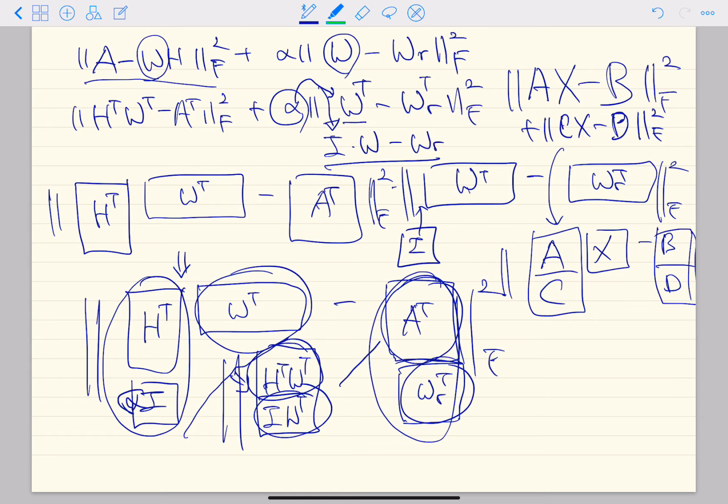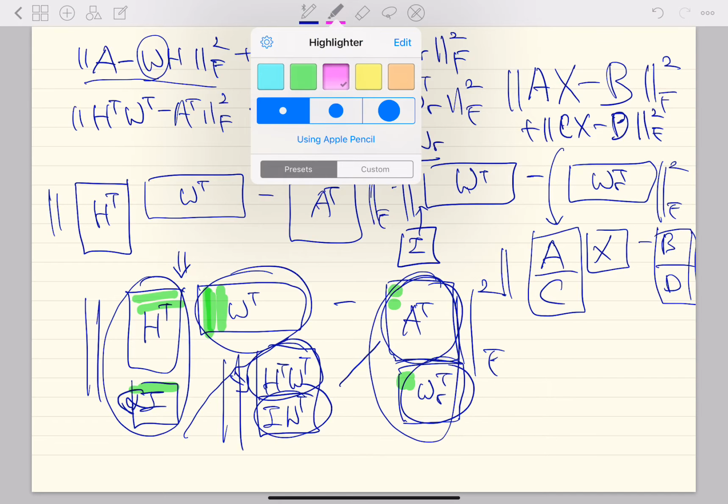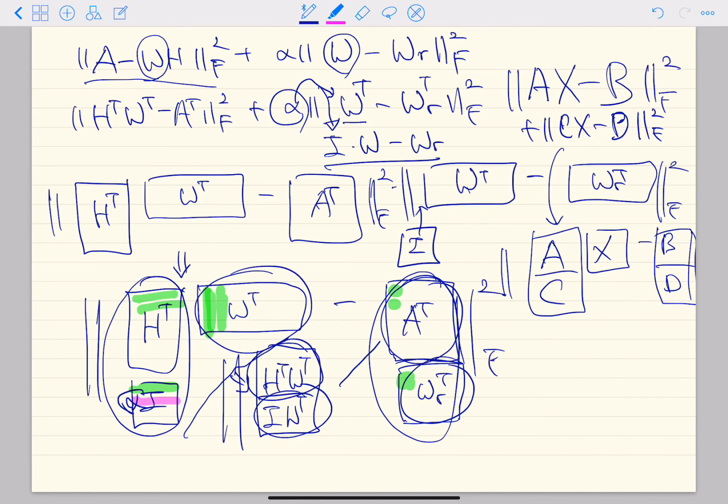So just to help you understand, this guy times this is this, right? And this guy times this is this. And this guy times this is this element, and then this guy times this is this element.